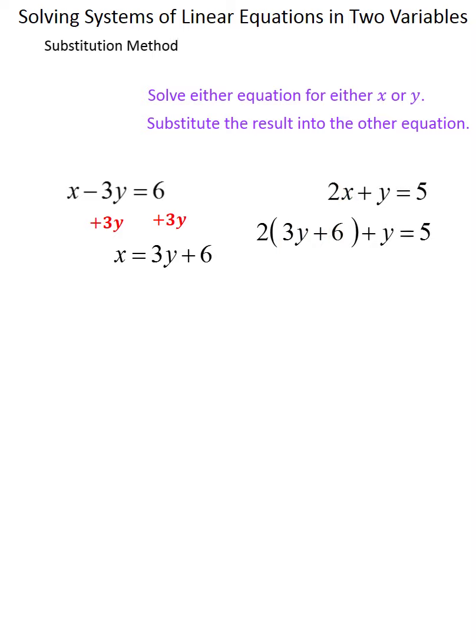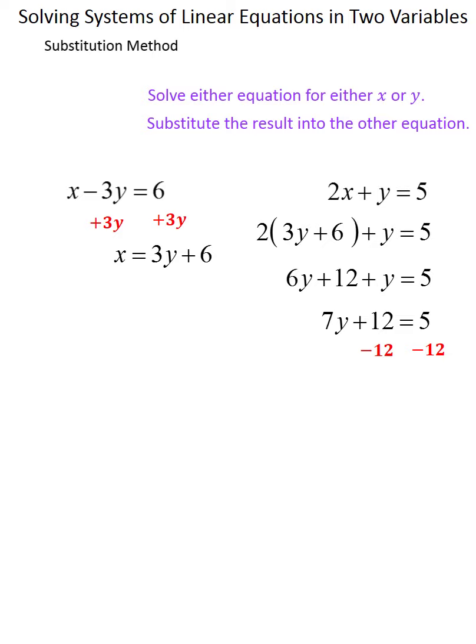On first glance, it looks like we've made a much messier equation, but notice there's no x in it. And the fact that there's no x in it makes it very easy to solve relative to the original system. So now I'm just going to show some basic algebra.